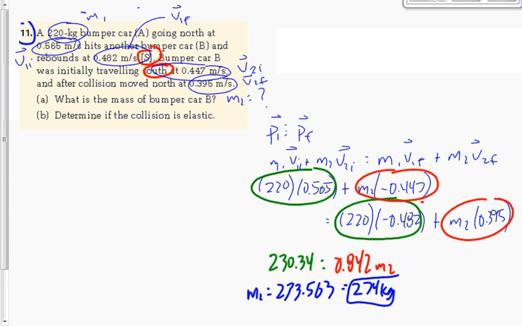Elastic or inelastic? Well, EKI is equal to 1/2 m1 v1i squared plus 1/2 m2 v2i squared. Oops. Do the masses cancel here? No, for 2 reasons. One, because they're not the same mass, and two, because they don't appear in every term.